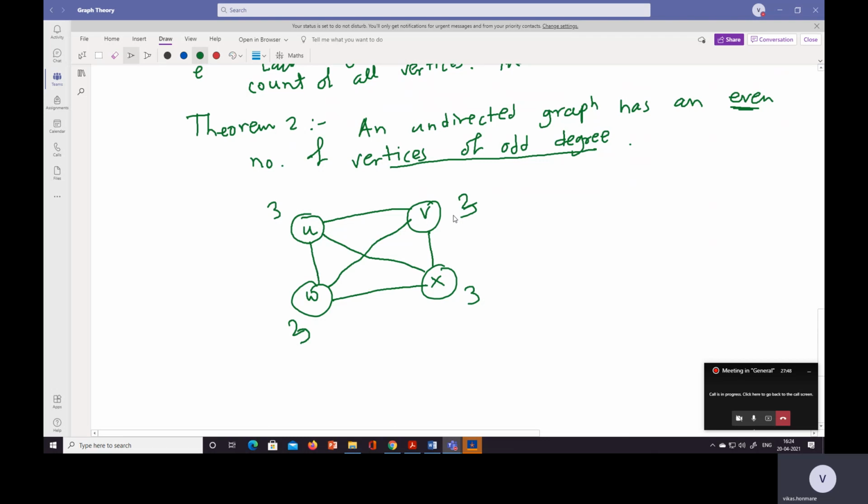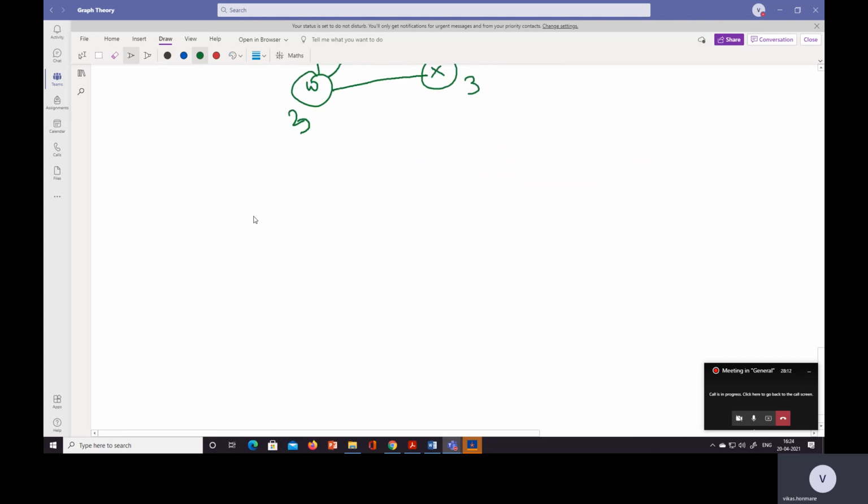There are 4 vertices, and 4 is an even number of vertices with odd degree. Again, this example shows the theorem is correct. Okay, there is one more way to prove it, so we'll see that way.